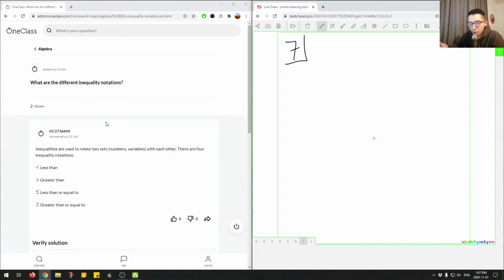The first inequality notation is less than, which is as follows. This could be used with just numbers, so we know 2 is less than 4. That's a simple example.